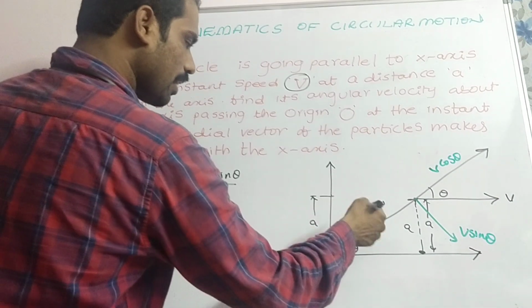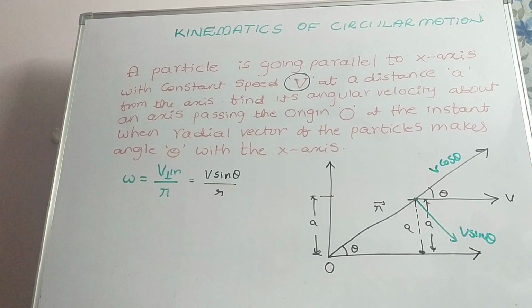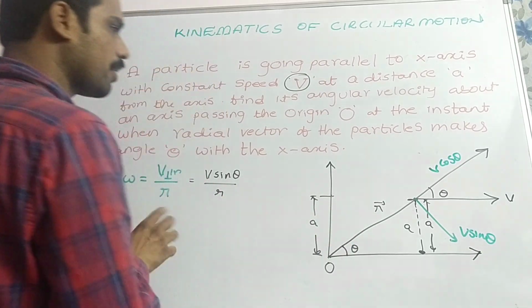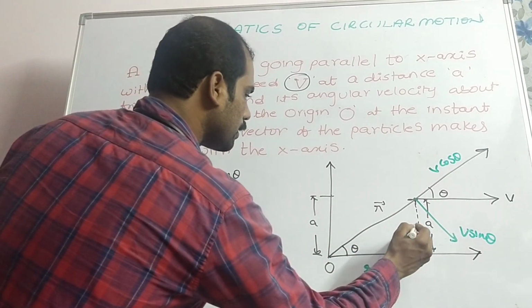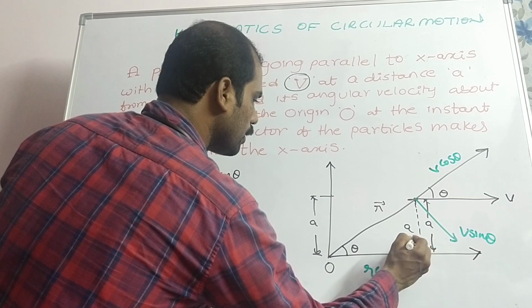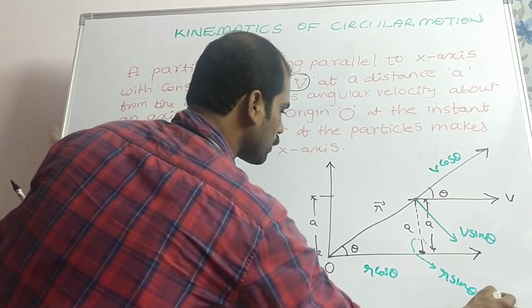Now, if we resolve r into two components, r cos theta will be acting here, and this will be r sin theta. That's simply a.